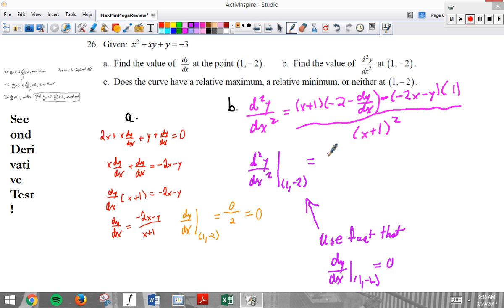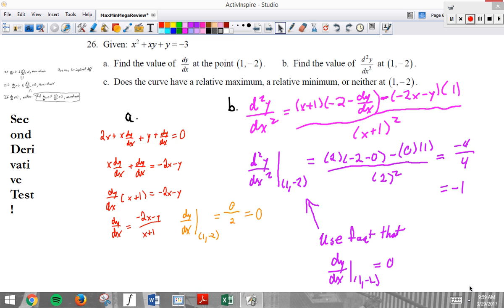Anyway, 2 times negative 2 minus 0, you see what I'm talking about? Minus 0 times 1 all over 2 squared. What do we got here? Up top, therefore, it's negative 4 over 4. That's negative 1. There you go.